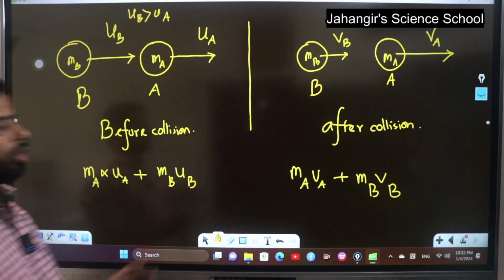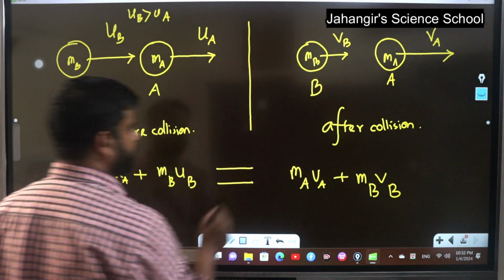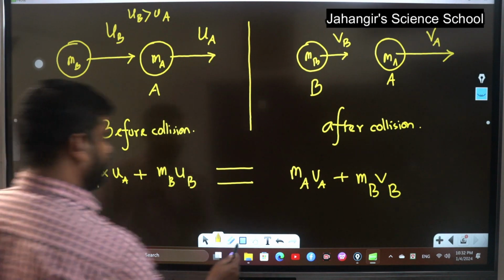According to the conservation law of momentum, these two must be equal.